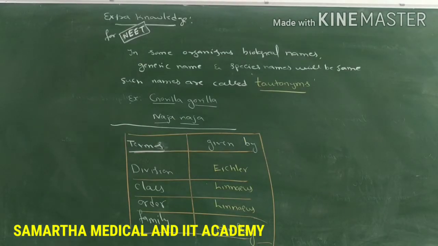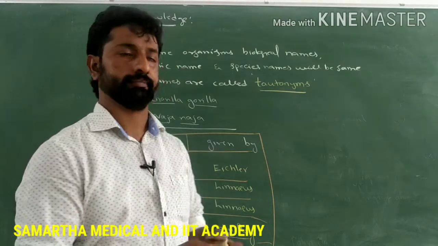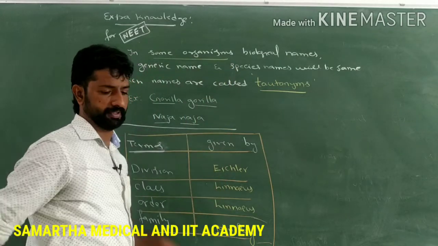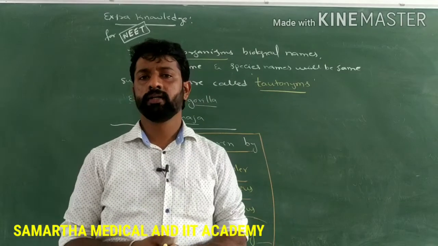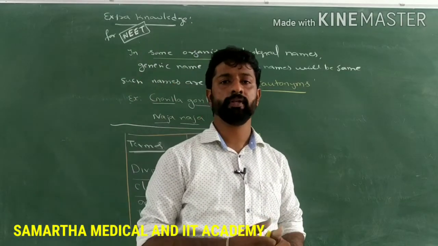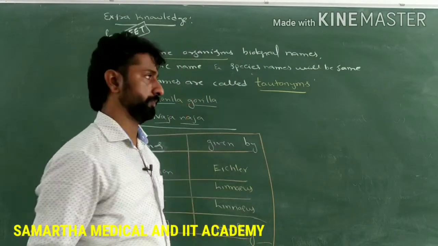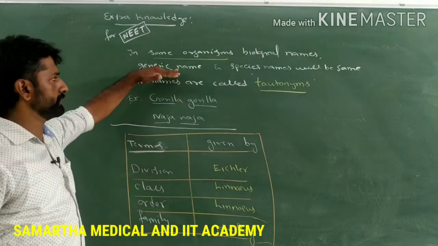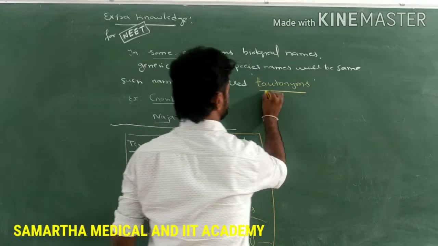So let's discuss some extra points which are required only for the NEET examination. In some organisms, in the scientific or biological names, the generic name as well as the species name or specific epithet will be the same. Such names are called tautonyms.